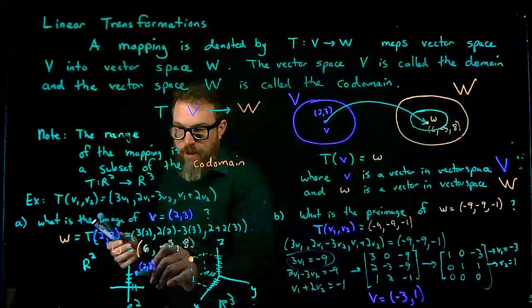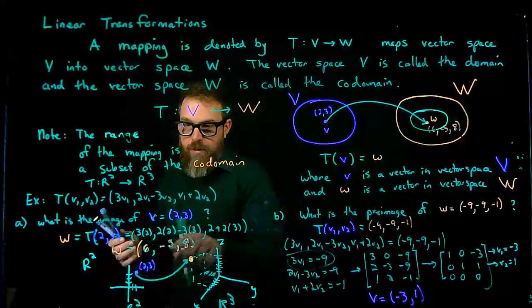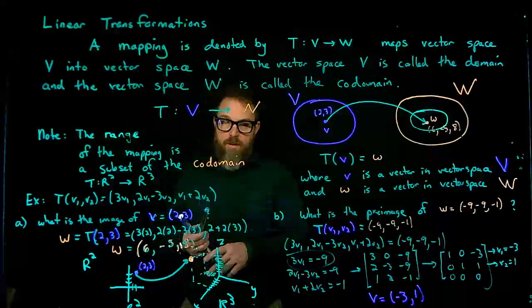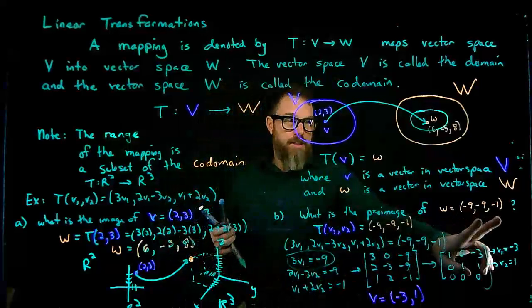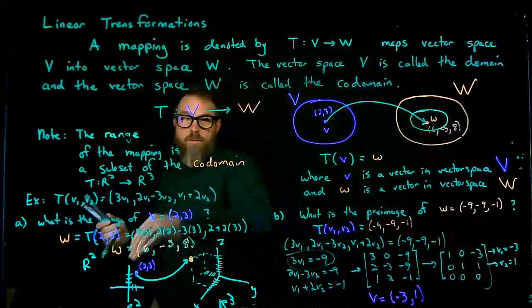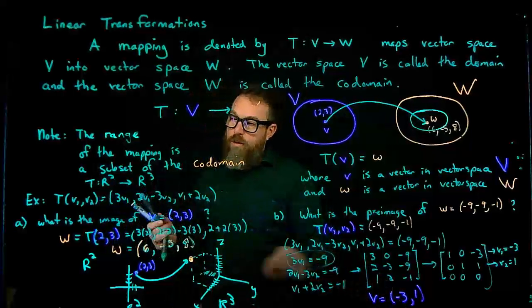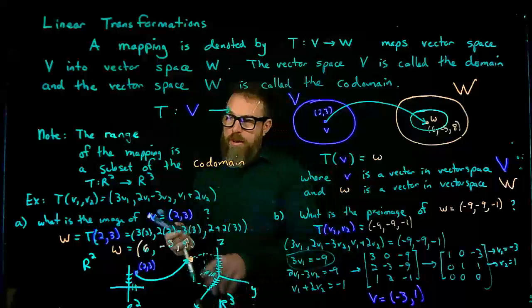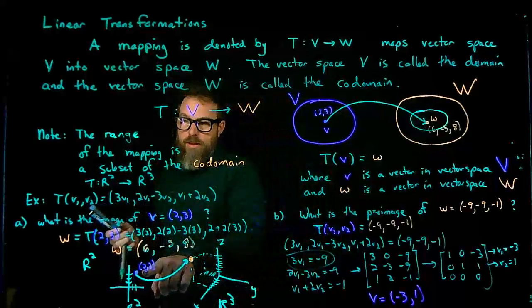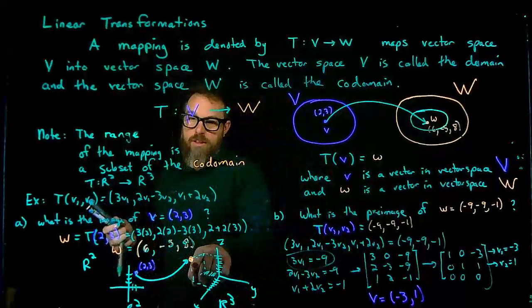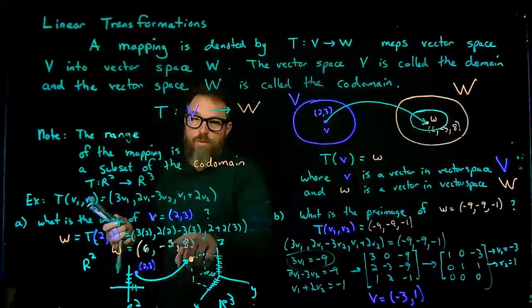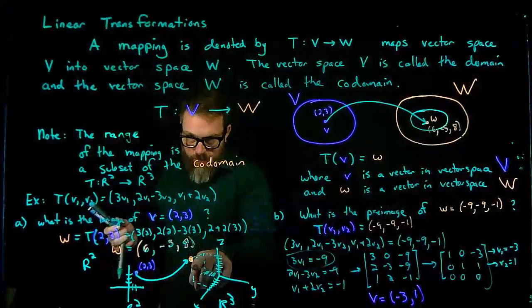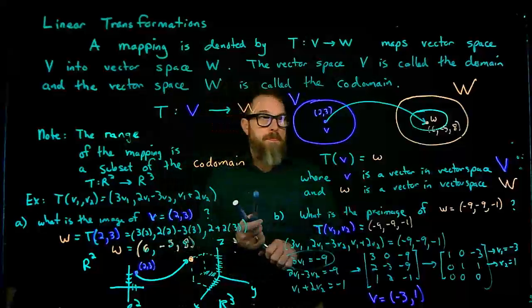It's going to map (2, 3) into (6, minus 5, 8). Very similarly, if I was going to graph (minus 9, minus 9, minus 1), that would map back to (3, negative 1). So this is the image and this is the preimage. The image of (2, 3) is going to be this, and the preimage of this vector is going to be this.